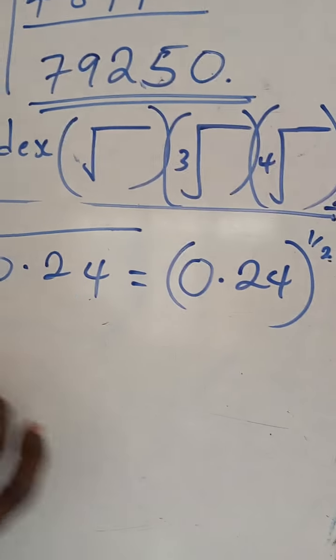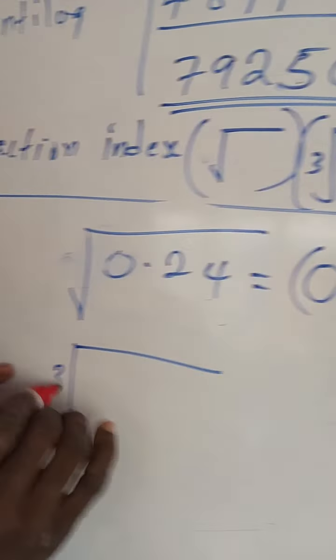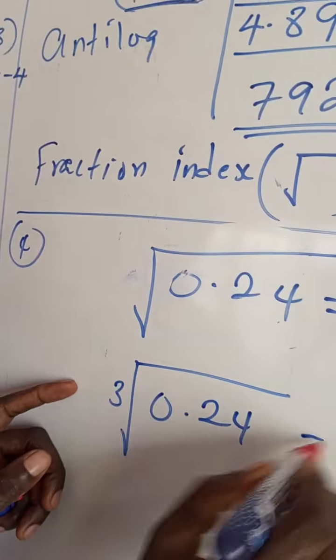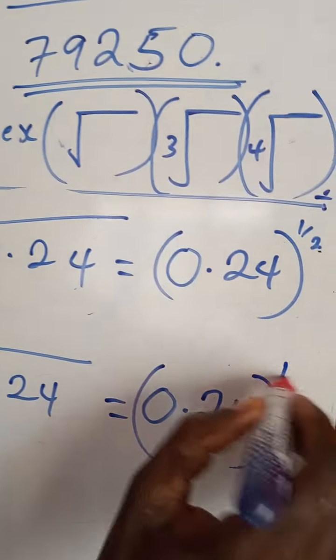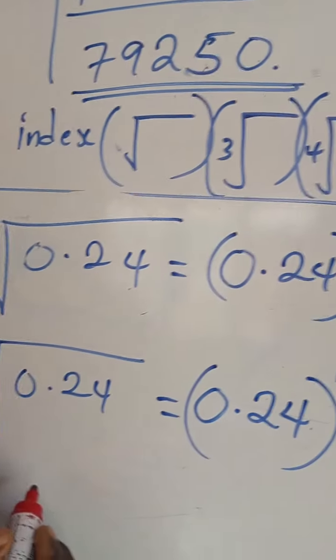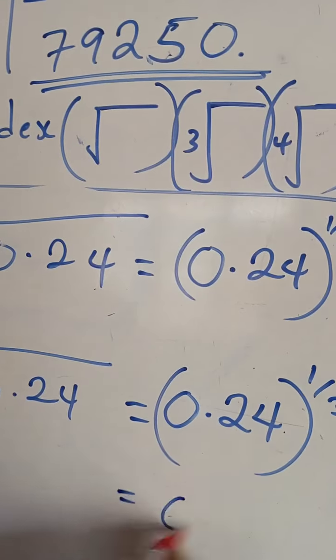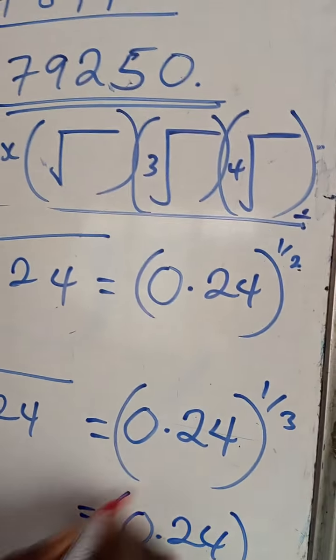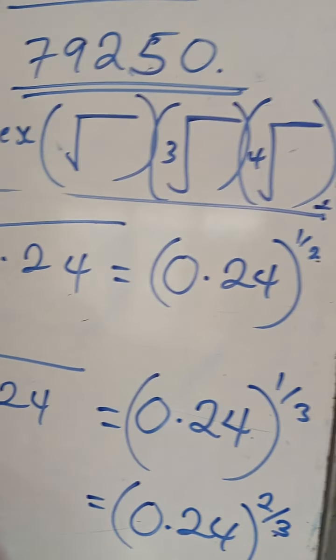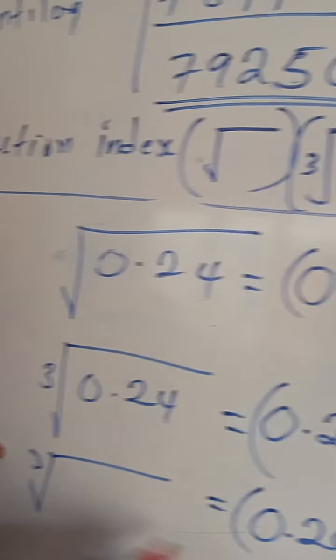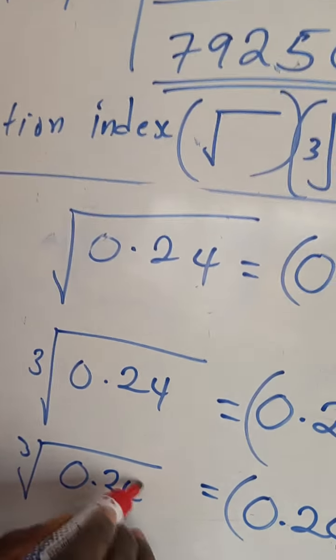What about if it's in this form? The meaning is that it's raised to power 1 over 3. So if this one is 0.24 raised to power 2 over 3, this base will make cube roots on this.